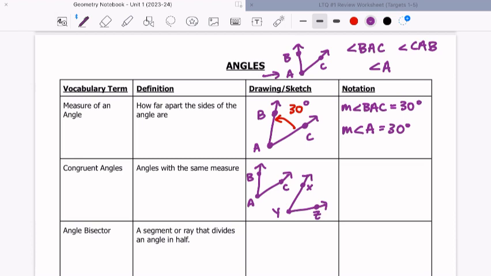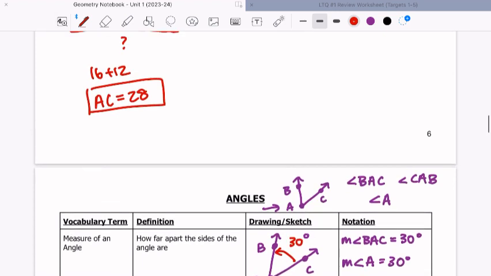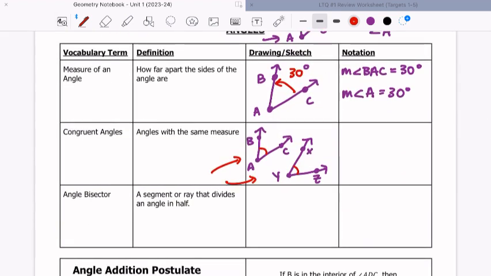So if these angles both measure the same thing, like let's say this was 30 and this was 30, we can show that on a diagram using the numbers. However, more often than not, we're actually not going to see numbers on a diagram. So to show that they're congruent, I'm going to put a little, what I like to call arcs, on our angles. Okay, and so these arcs, or sometimes I call them angle bands, are going to denote that these two angles are the same.